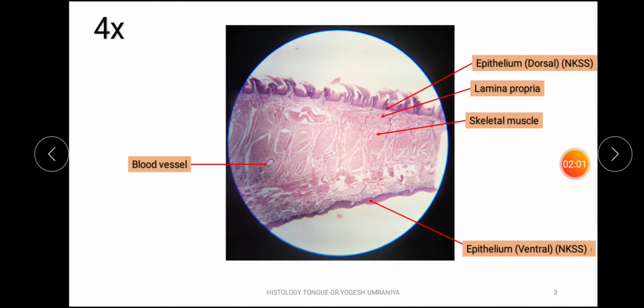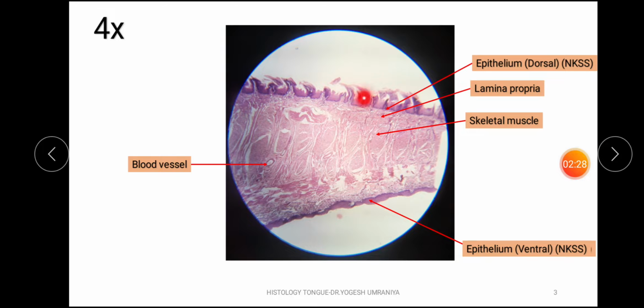Next one, again the image under the 4x, but here you can see the difference. The thickness is somewhat less as compared to the slide we have seen previously. This is somewhat the anterior portion of the tongue, as the previous slide was the posterior portion.